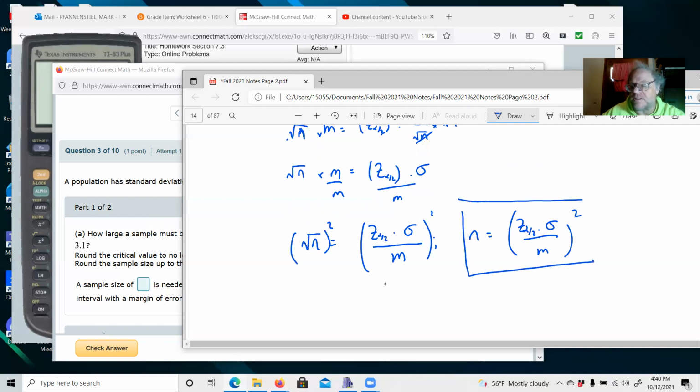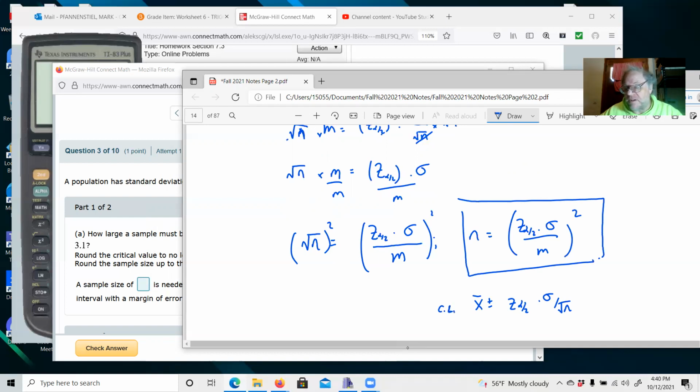Do not memorize this formula. I will happily put this one on the quiz if I ask you a question that deals with it. So you're not on the spot to memorize this. You're also not on the spot to memorize this one. I kind of wish you were, but this is in your calculator. I may also put this one if I'm going to ask you to do something here. You need these pieces.